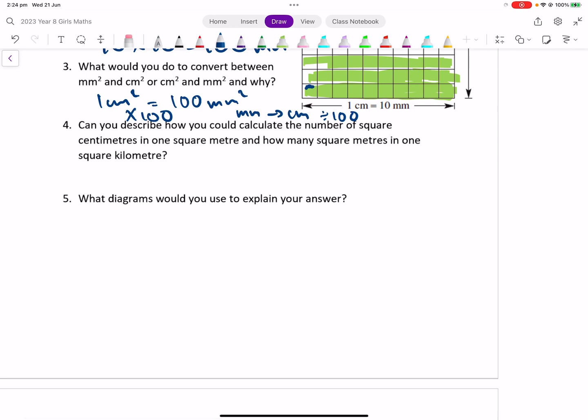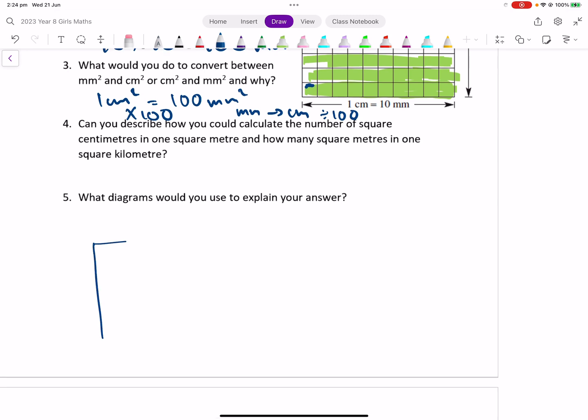Describe how you could calculate the number of square centimetres in 1 square metre and how you could calculate the number of square metres in a square kilometre, and use some diagrams to explain. So let's draw it. Let's draw a square metre.